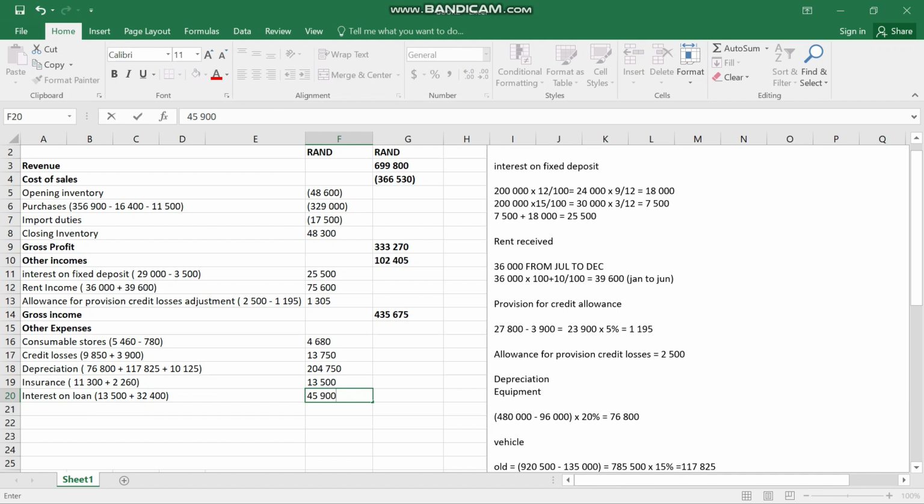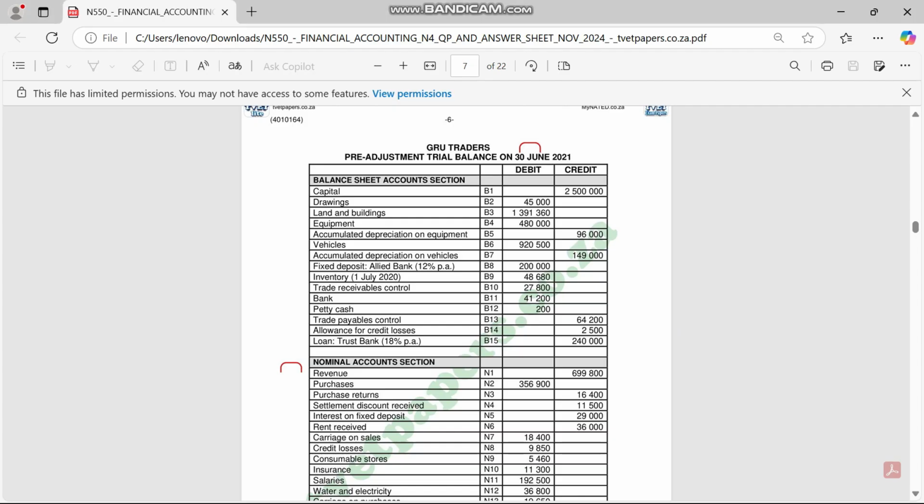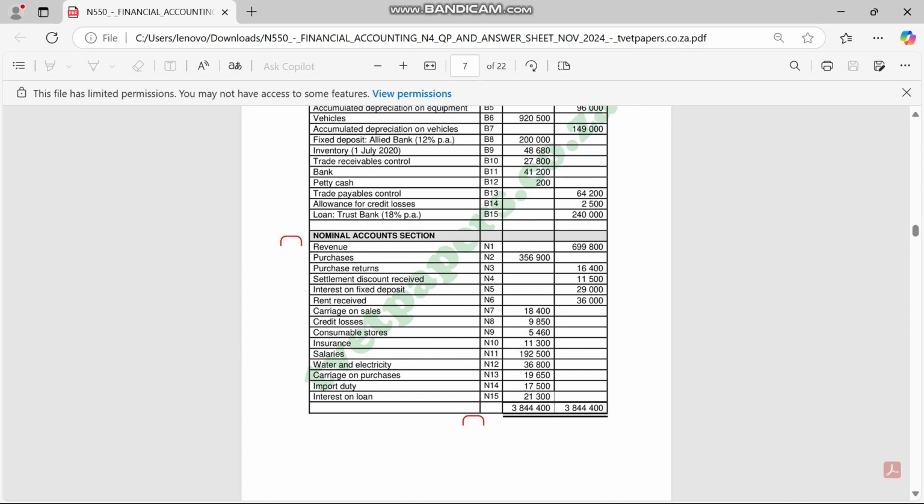So yeah, guys, this is the transaction part of our income statement. We'll just be taking whatever's left. Carriage and sales, we did there. Salaries, there's your water and electricity. So we just transfer.